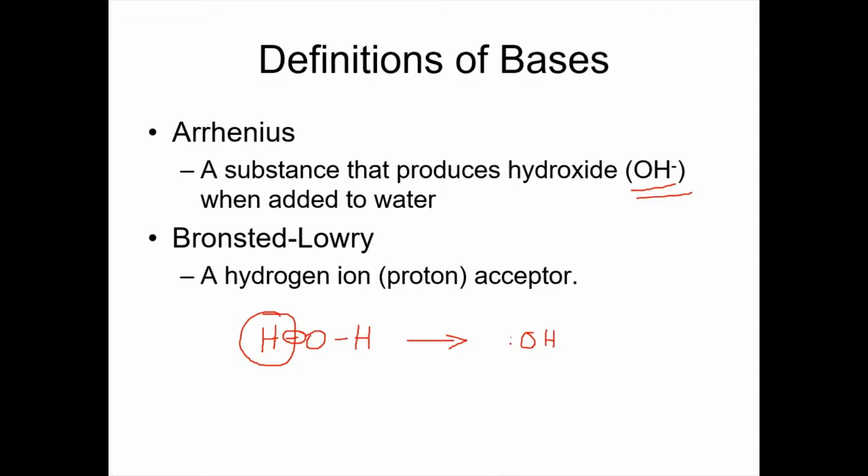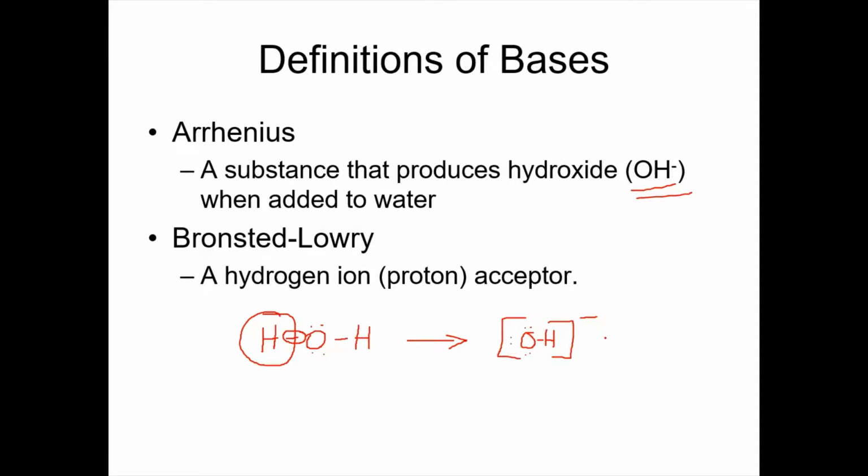There should have been 2 others up here, right? I'll just go ahead and put those on here. This forms our hydroxide ion that we learned about way back in the day, okay? So by grabbing hydrogens off of water, you produce hydroxide ions.